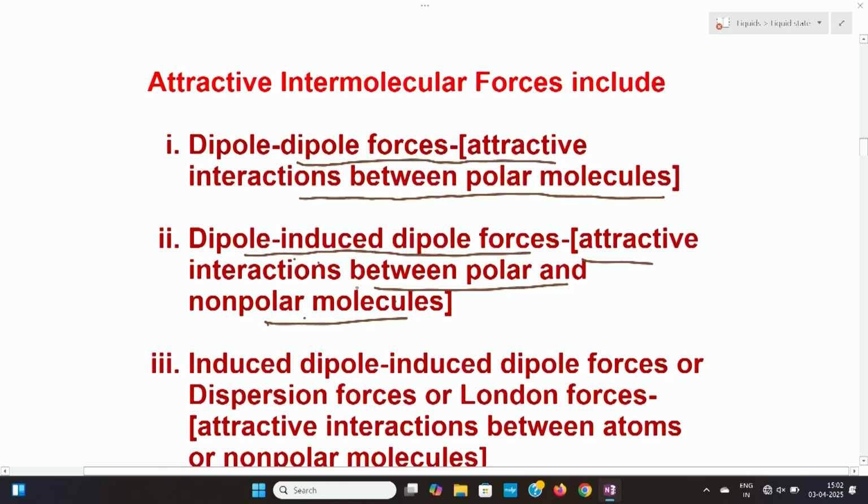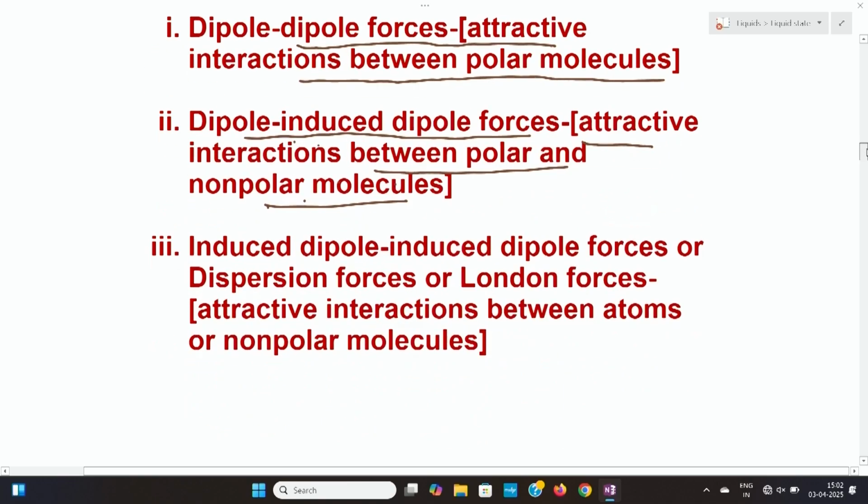That is why this attractive force is called dipole-induced dipole force. And the third one is induced dipole forces, which has other names like dispersion forces or London forces. We saw this force briefly in our introduction session. Here we will see in detail what induced dipole-induced dipole forces are.